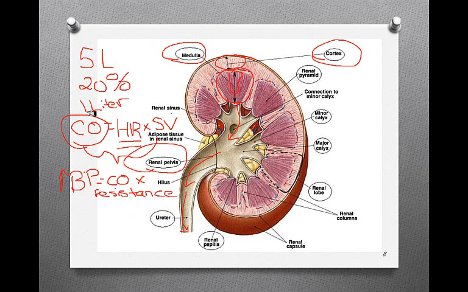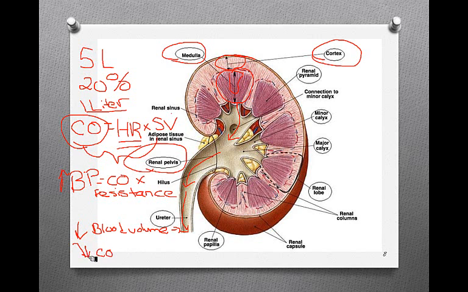First of all, anything that affects how much blood you have in your body is going to affect your cardiac output. So if you get dehydrated, your blood volume goes down. Here's your blood volume. That's going to lead to a decrease in cardiac output.